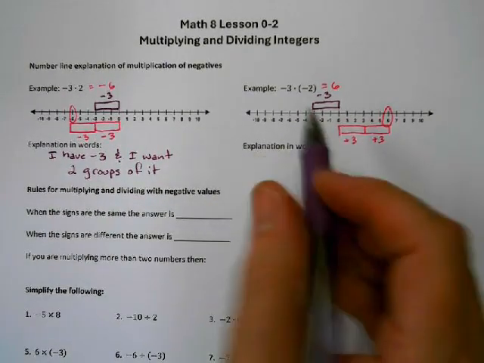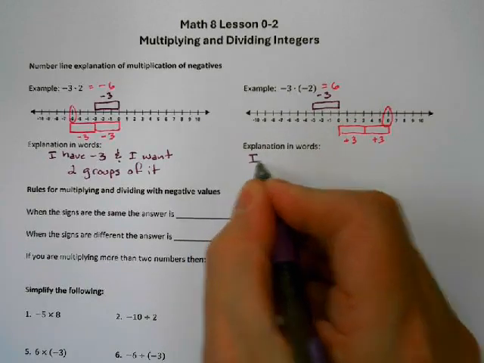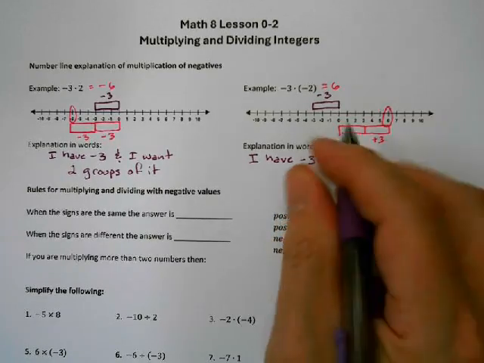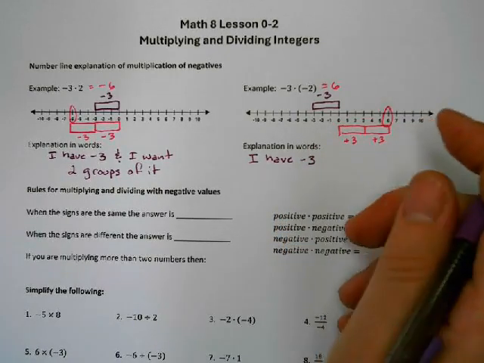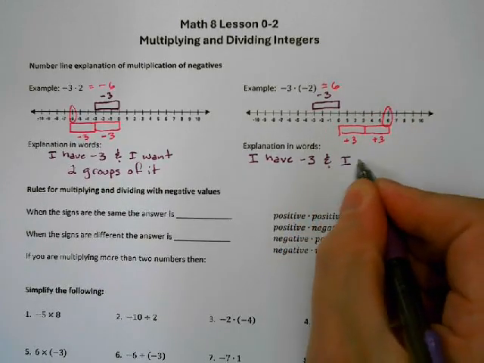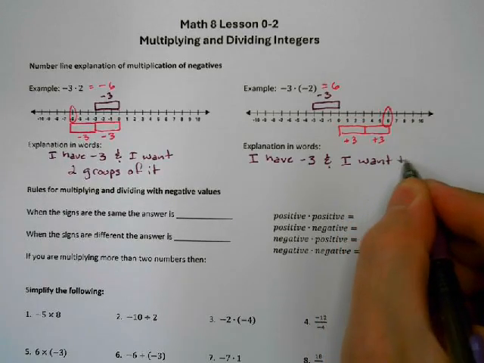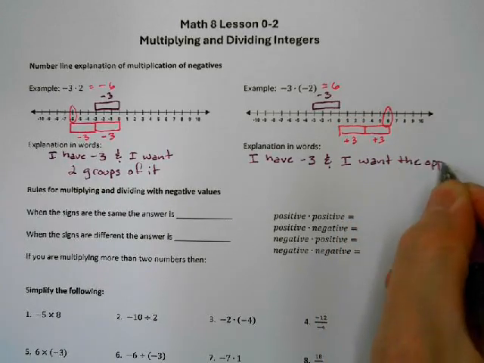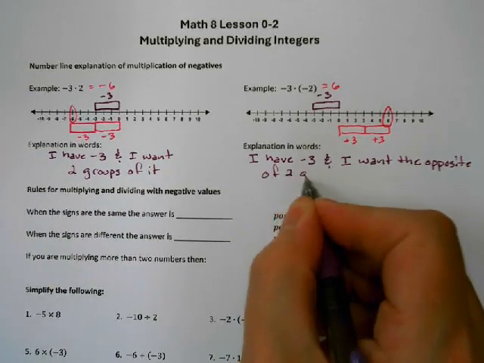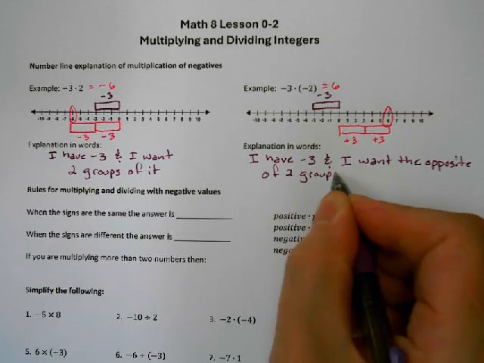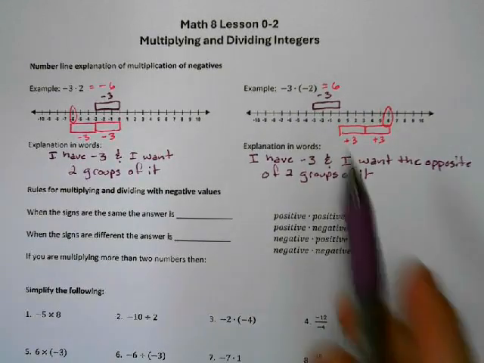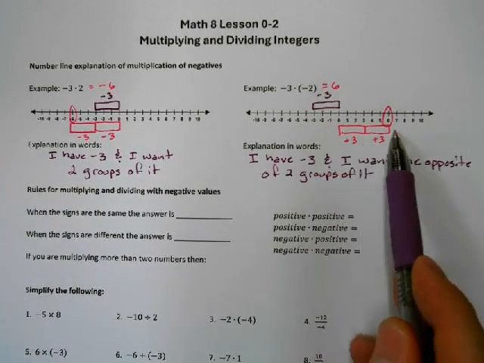Over here, it says I have negative 3 and I want the opposite of 2 groups of it. So we go the opposite direction on the number line. Instead of going negative 3, we say we want a positive 3 and another positive 3.